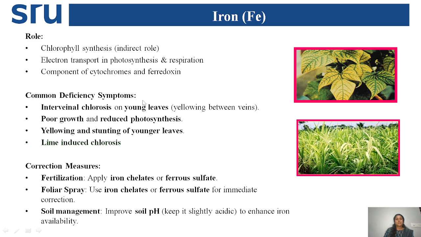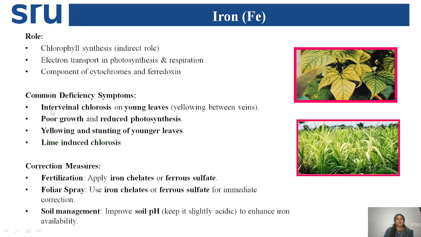The common deficiency symptom of iron is interveinal chlorosis of younger leaves, because iron is an immobile nutrient. Interveinal chlorosis on older leaves is caused by magnesium.